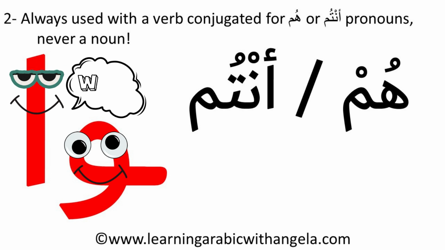The second thing that you need to know is that the waw and alif suffix always come with a verb, never with a noun. And that verb is typically conjugated for the pronouns هم or أنتم, that is only in the plural, and that waw is called the waw of the plural pronoun, واو الجماعة.